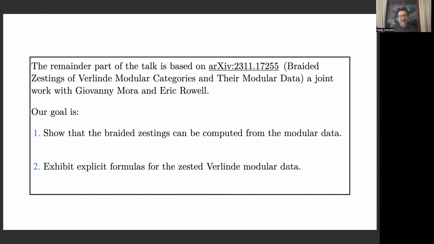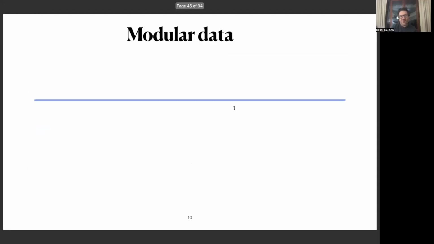So we really don't know, for many cases, the fusion category itself. But something that we do know is the modular data. So in particular, we can apply this construction with the current knowledge of the Verlinde category, and that was the idea of the paper.